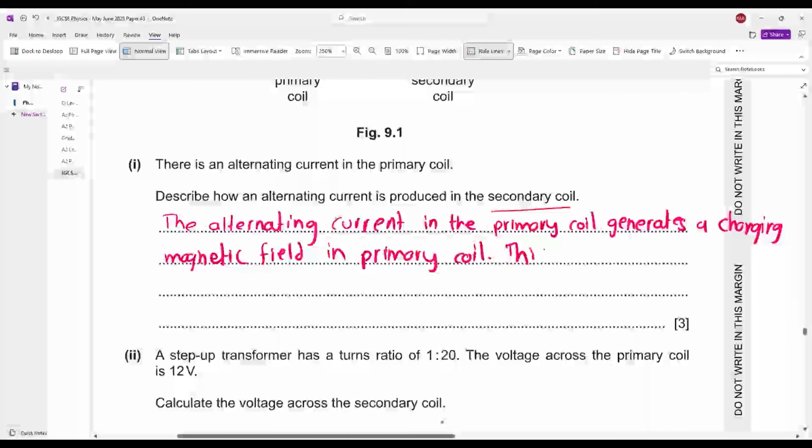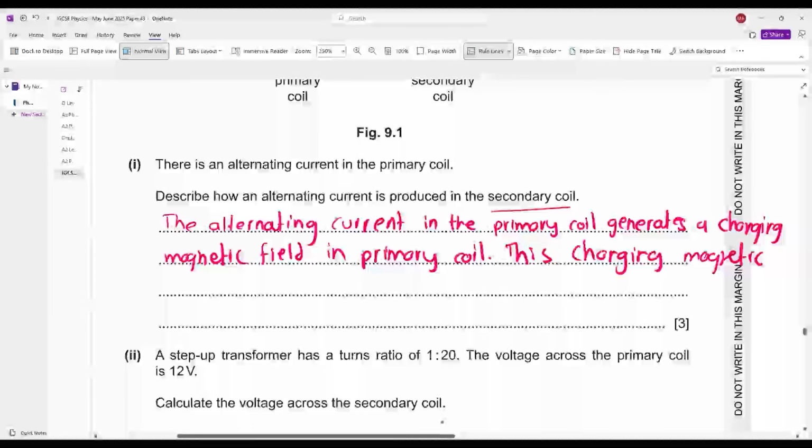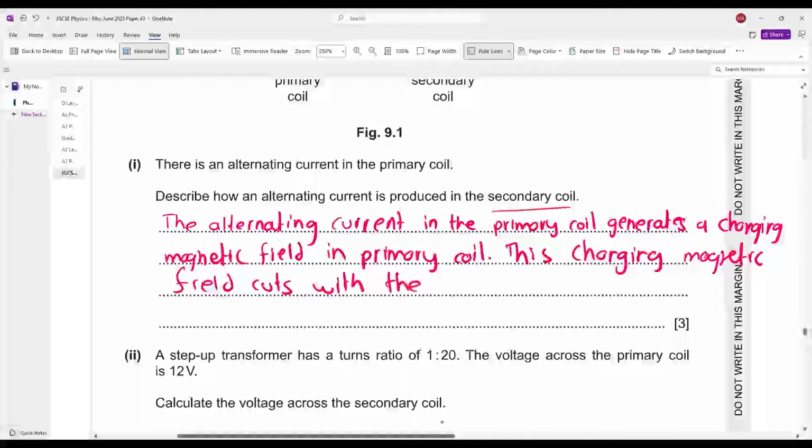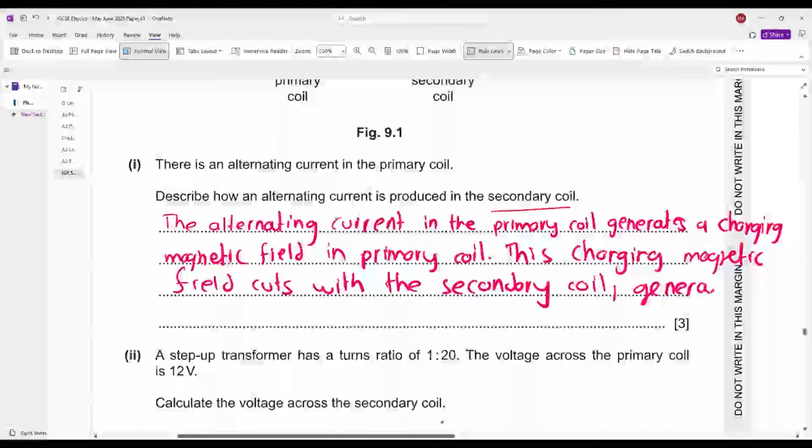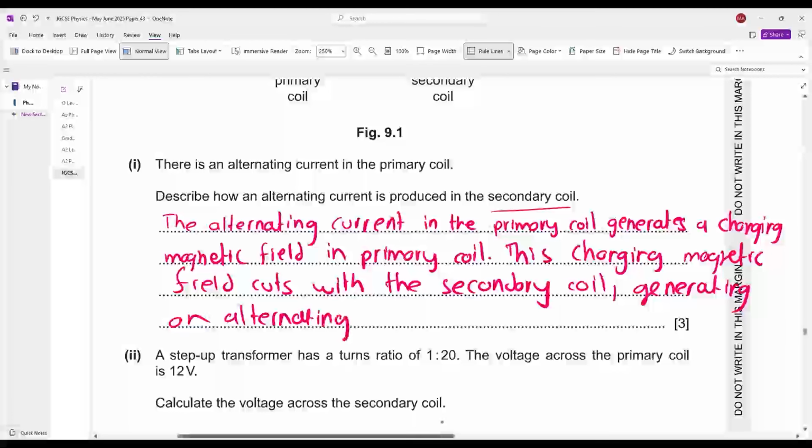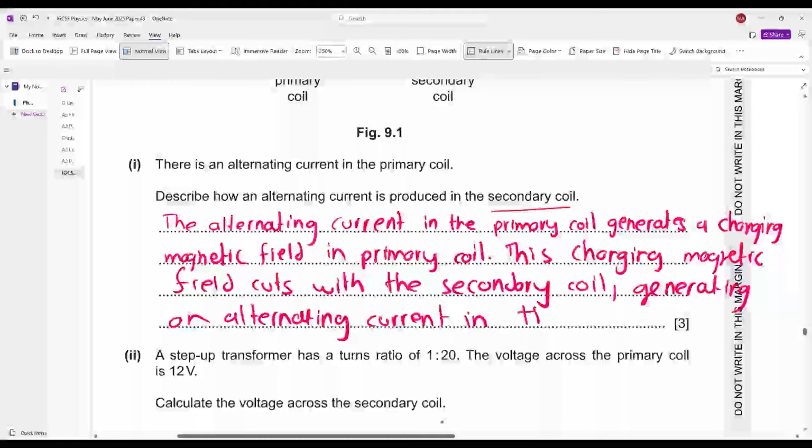This changing magnetic field cuts with the secondary coil, generating an alternating current in the secondary coil. Simple. I think I will have to zoom in and write very small.